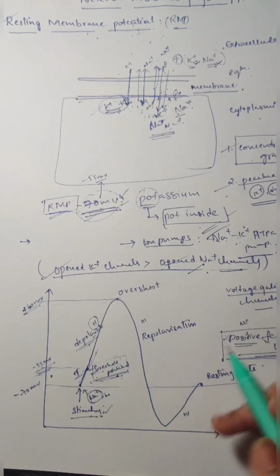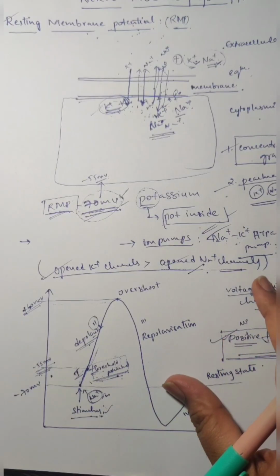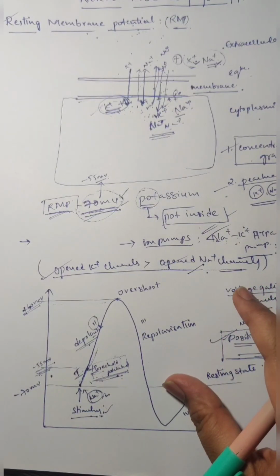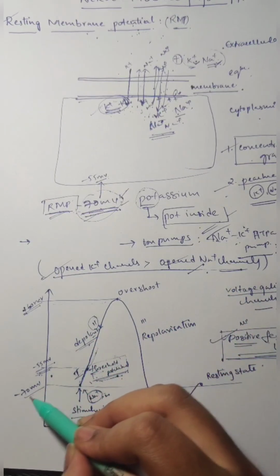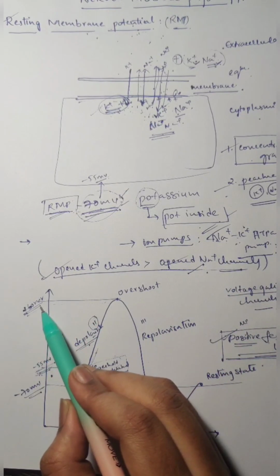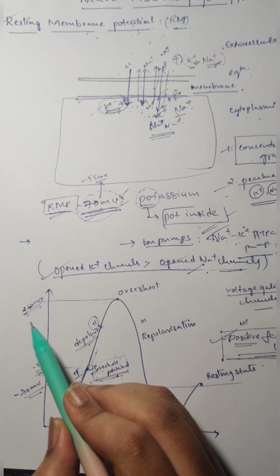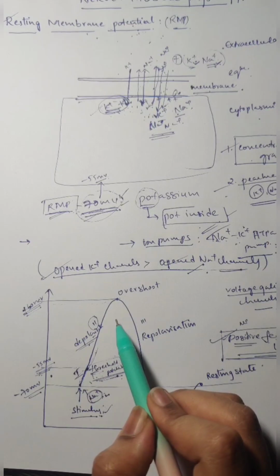Now if this positive feedback loop has no stop, the cell continuously stays in a positive membrane potential, so it cannot come back to its resting membrane potential. What happens is, at plus 60 millivolts, the membrane stops its permeability towards the sodium ions.